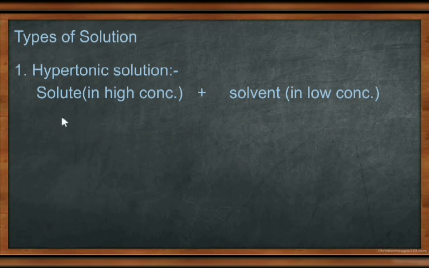Everything is based on solute, each and every name. Hyper means high, that is solute is higher, so that's why solvent is lower, so it is called hypertonic solution. Okay, suppose one example that I will give you. First you see, suppose we take 4 or 5 raisins, or any cell, and keep it in one bowl of water or 1 liter of water.